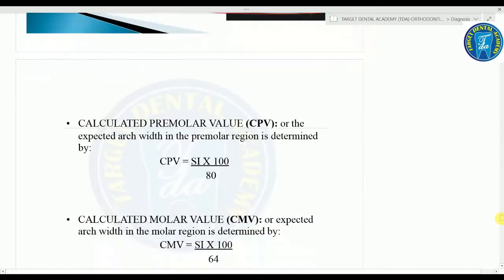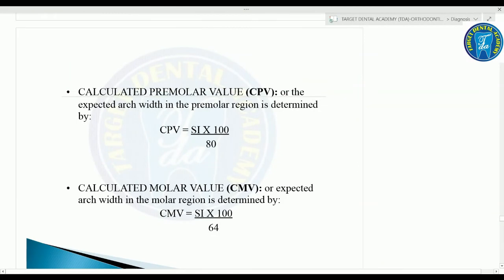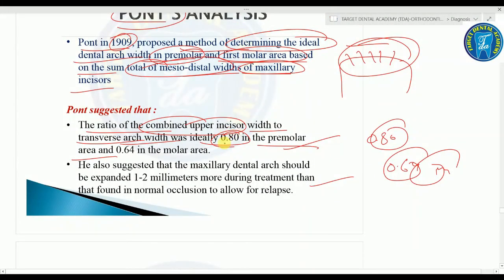Fine. In this way you can calculate from the sum of the 4 incisors. This is the CPV, the calculated premolar value. Here SI means the sum of the incisors, multiplied by 100 and divided by 80 for the premolar. We have already discussed 80 for the premolar and 64 for the molar.